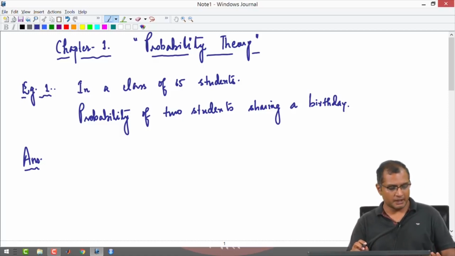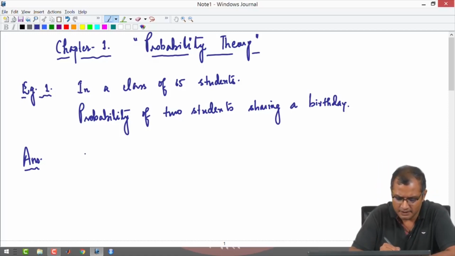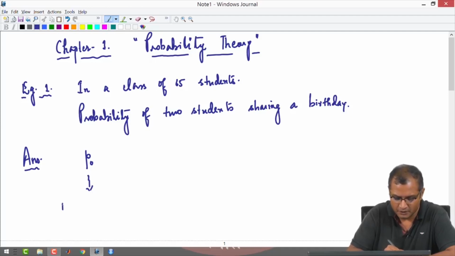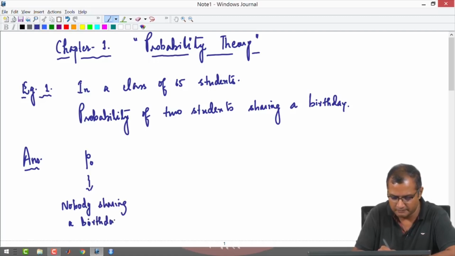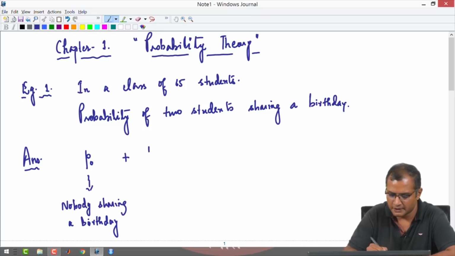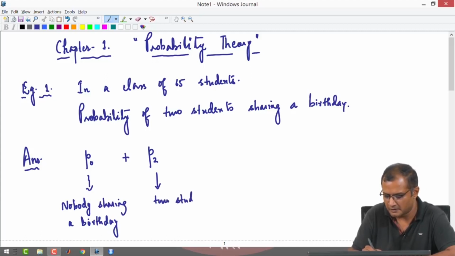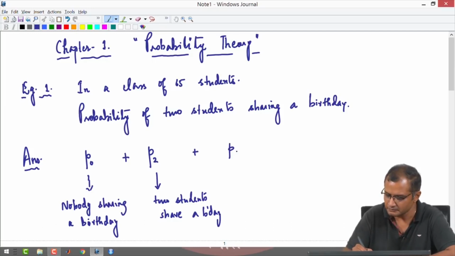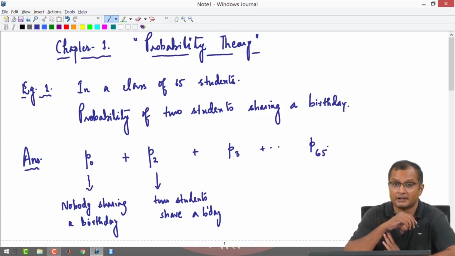Okay. So, this problem can be done objectively, in the sense that you can say, let us say you have P0 as the probability of nobody sharing a birthday, which means all the 65 students have different birthdays, plus two of them share a birthday, and this way you take 3 of them, 4 of them, so on, all the way to, let us say, all 65 of them sharing their birthdays.